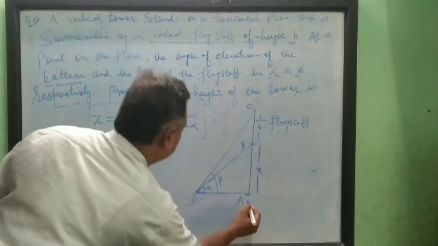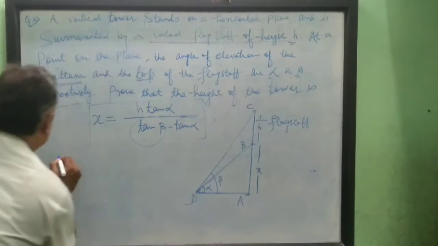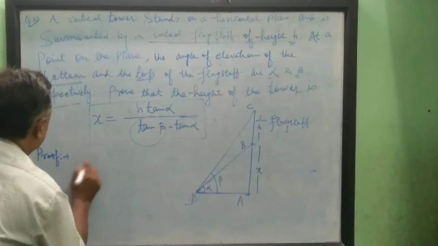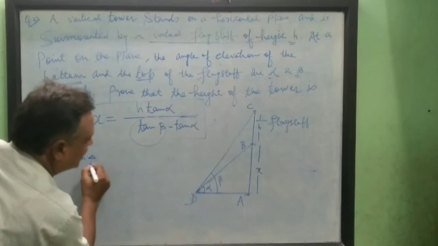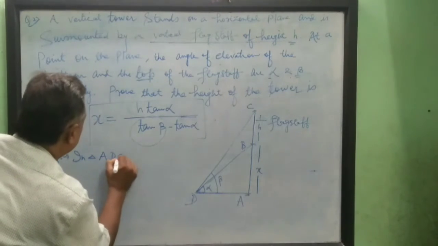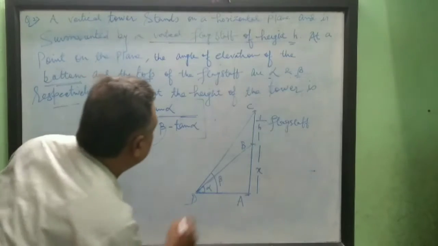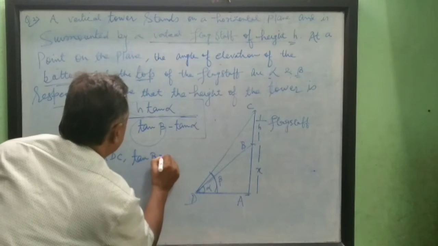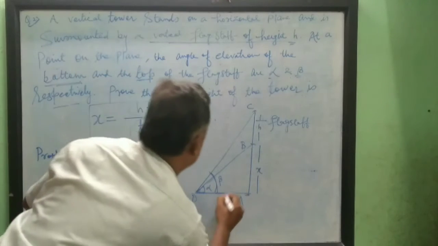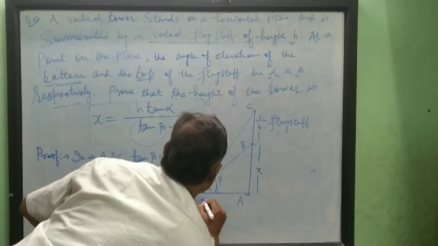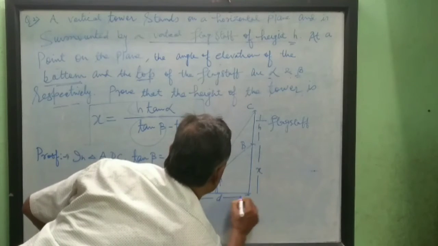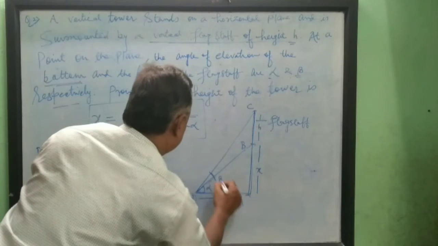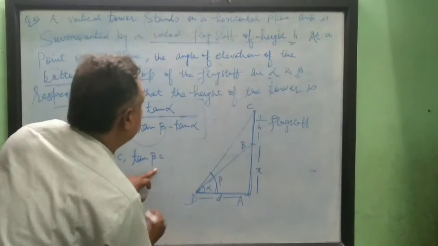So in triangle ADC, tan beta, suppose this is D. tan beta is equal to perpendicular by base.